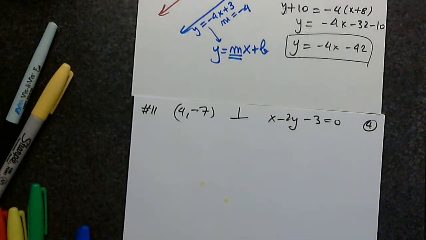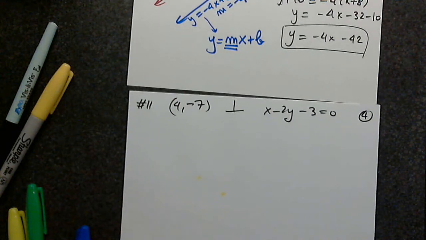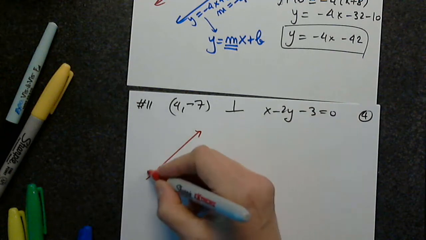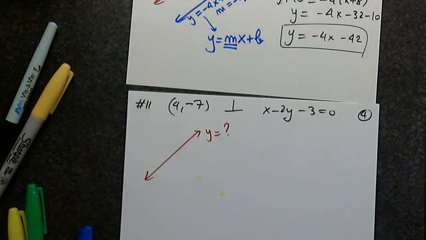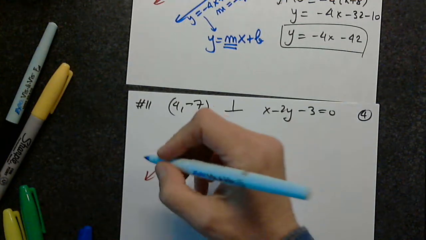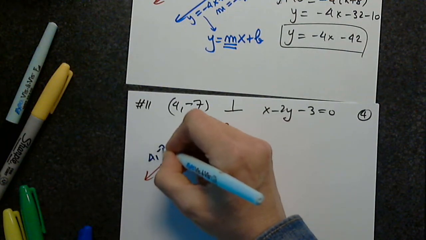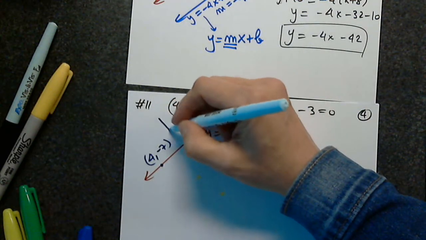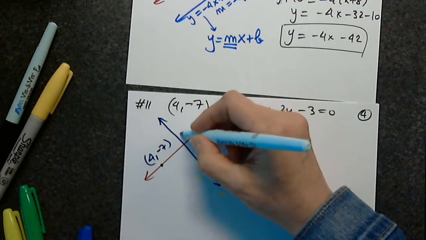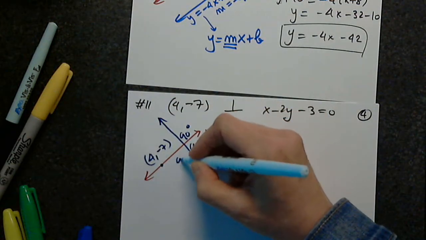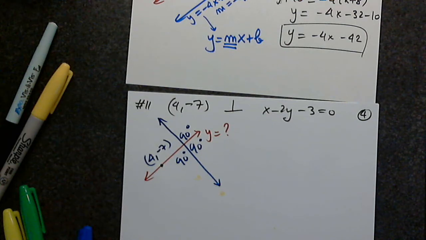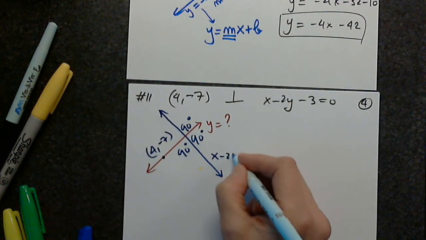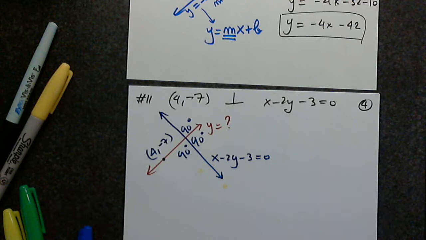Again, I'm not graphing anything exact. I'm just giving you the idea. So there is a line whose equation I have no clue about, but I do have two pieces of information. One of them is that the line passes through 4, negative 7. The second piece of information is that this line happens to be perpendicular, creating 4 90-degree angles, to a line whose equation is given, which is x minus 2y minus 3 equals 0.